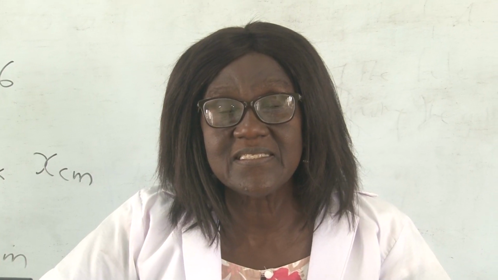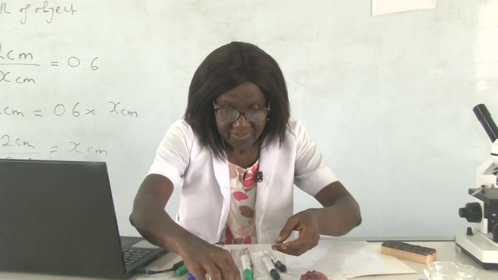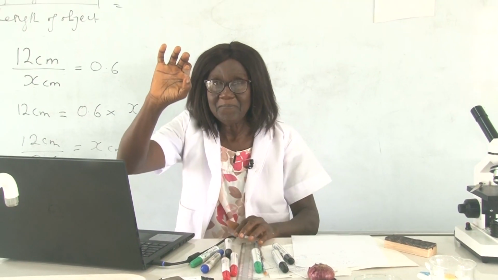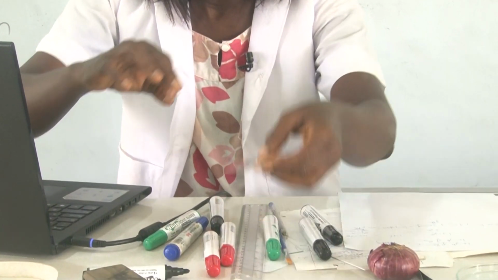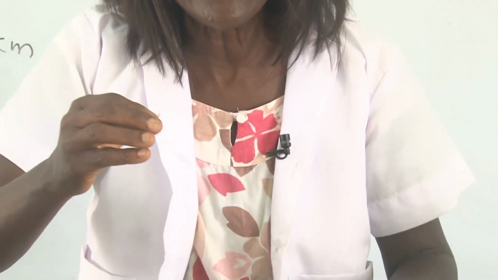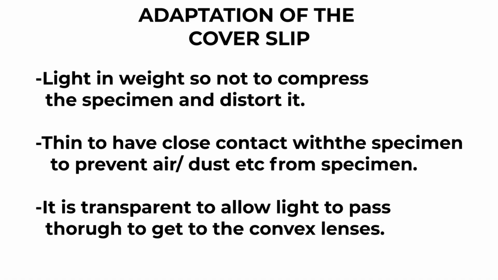The next question is the adaptation of the cover slip. Now, the cover slip is very tiny, and it's dropped onto the specimen on the microscope slide. Its adaptation is like its structure and use. So let's list the adaptations. It is light in weight so that it does not compress the specimen and distort it.